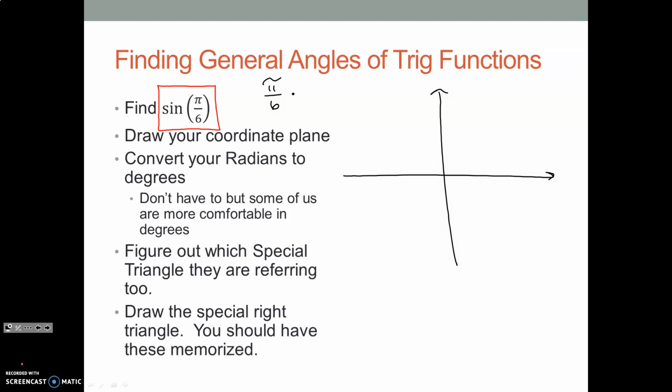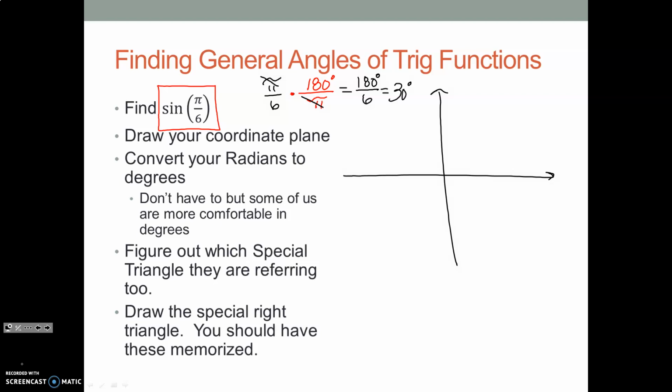Remember, our conversion factor for this is 180 degrees over pi, because those two equal each other. My pi's end up canceling. I end up with 180 degrees over 6, which when I divide 180 degrees by 6, I get 30 degrees.